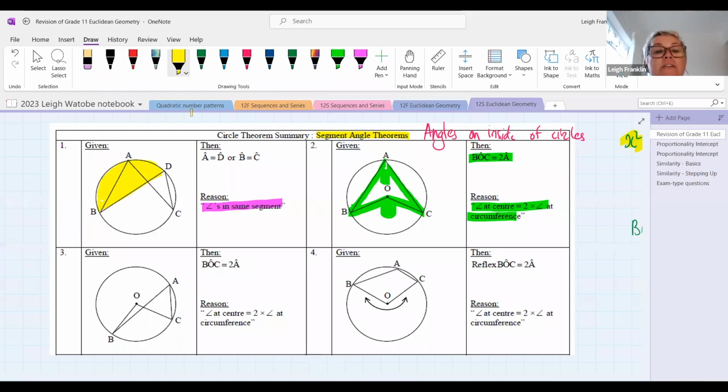And the other segment over here would be what's left. That's what a segment is.